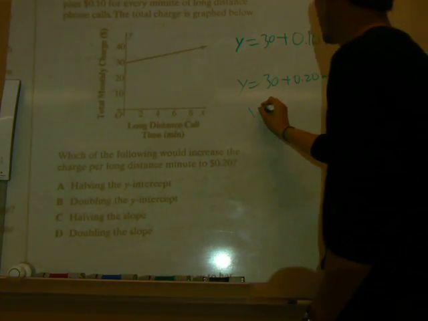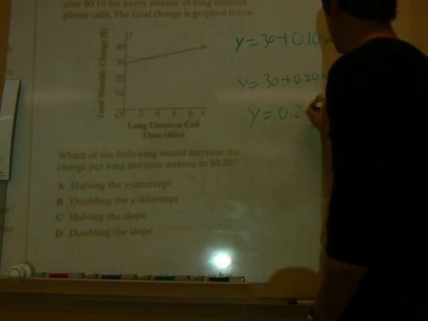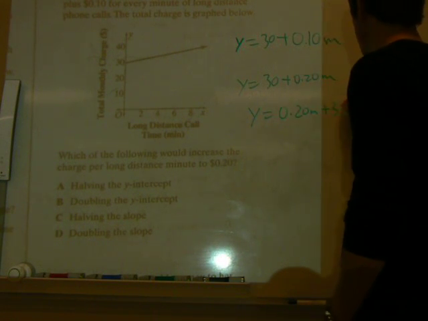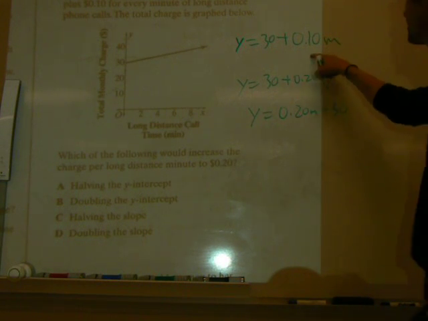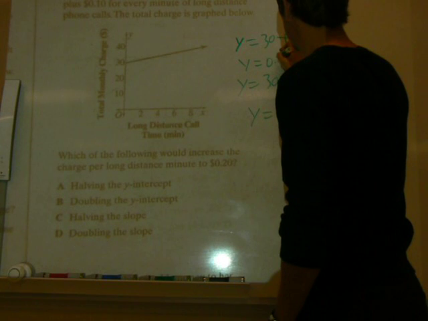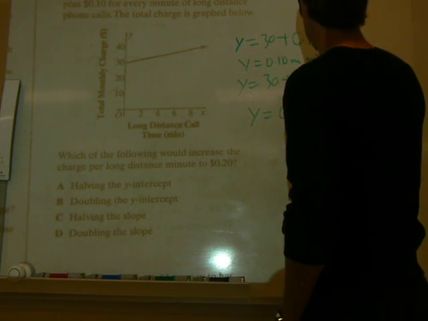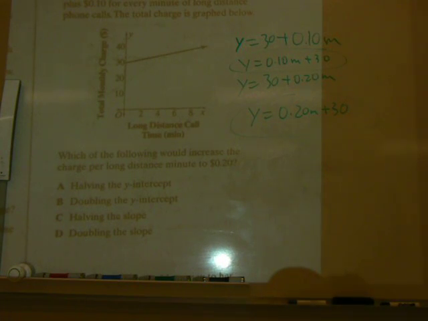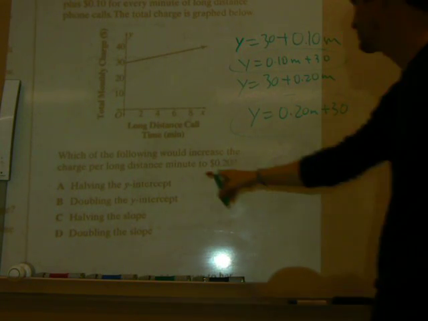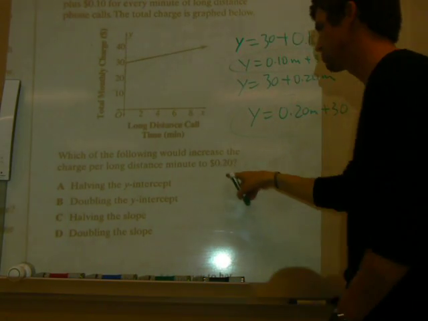Now, let's put it in this form. Now you have it in y equals mx plus b. Here, your 0.1 is the slope. Here, your 0.2 is the slope, okay? So what happens, increase the charge per long distance minute to 20 cents.